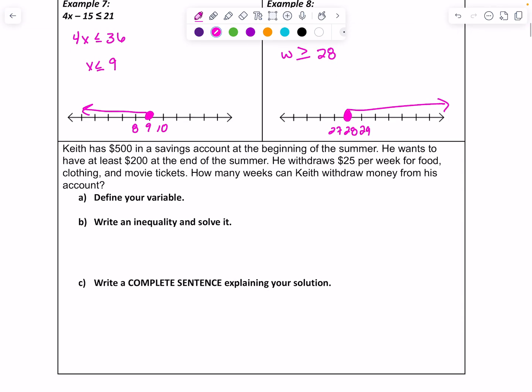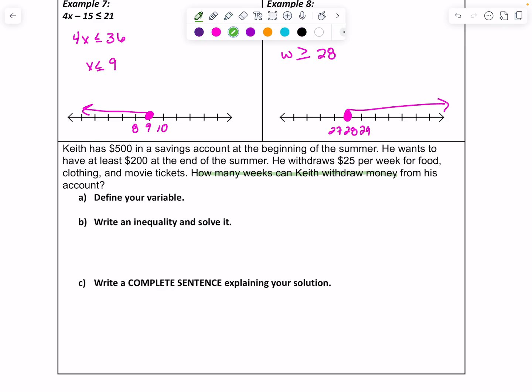Our buddy Keith has $500 in savings at the beginning of the summer. He wants to have at least $200 at the end of summer. He's going to withdraw $25 per week. How many weeks can Keith withdraw money? So when we define a variable, we are saying, what does our variable mean? If I look at the question, we want to know how many weeks Keith can withdraw money.